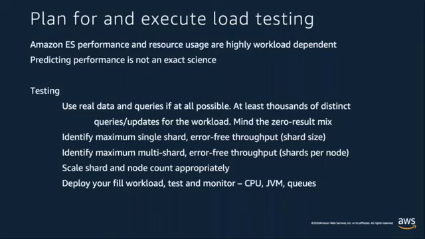You will then know what's my best shard size, what's my best shard count per node, and then you can scale your shard and node count for your full workload based on those numbers.